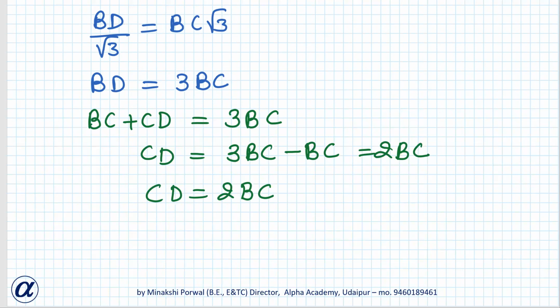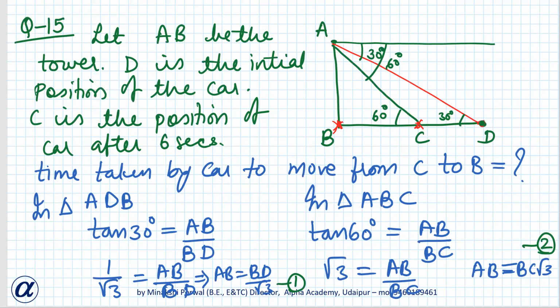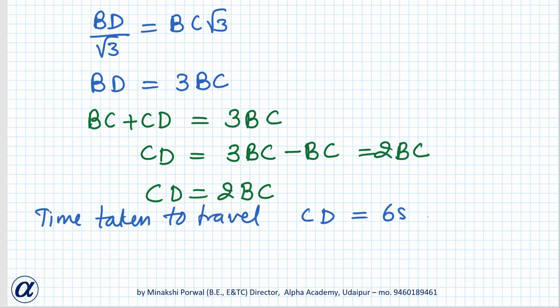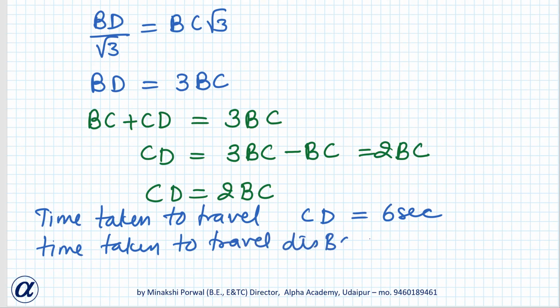So if it takes 6 seconds to travel 2x meters, a double distance, then for half of that distance it will take 3 seconds. So time taken to travel CD is 6 seconds. Time taken to travel distance BC is half of that, because BC is half of CD.